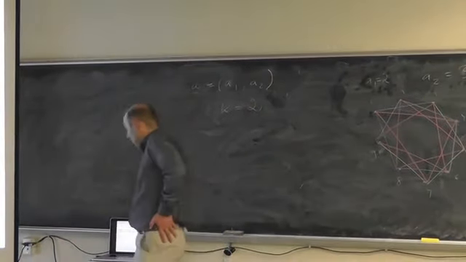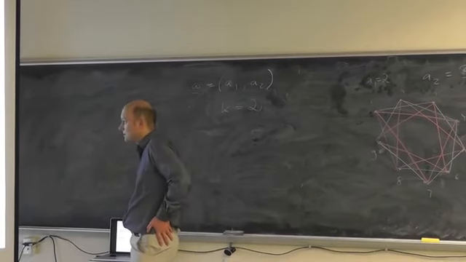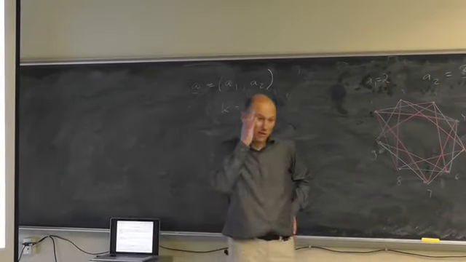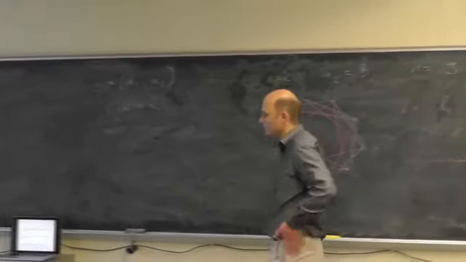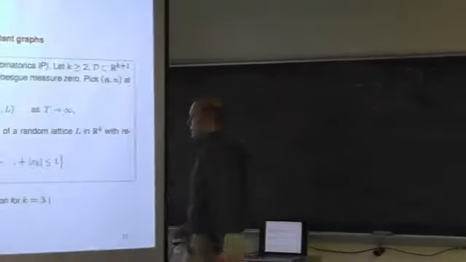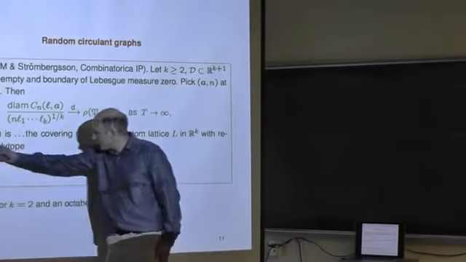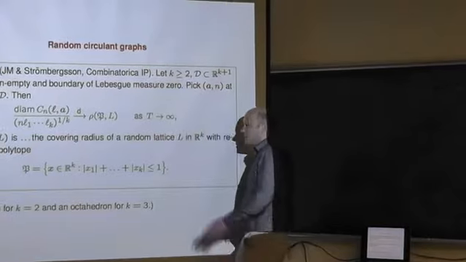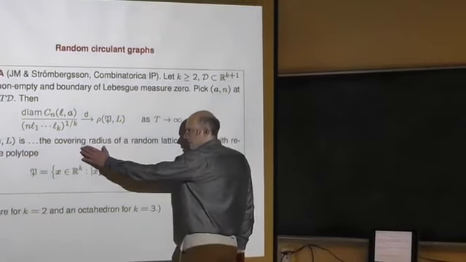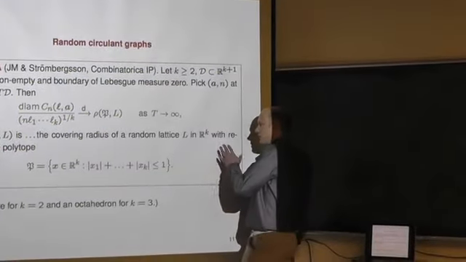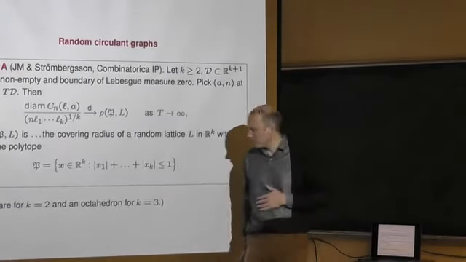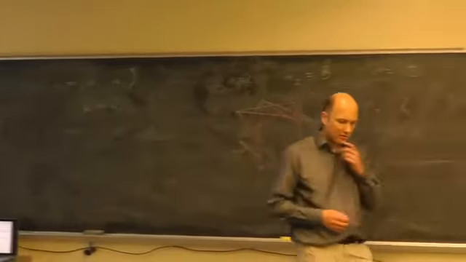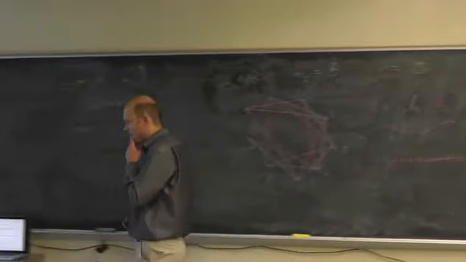So let me show you what the answer is. And there you go, right? The random lattices appear again, for some reason that I'm going to show you. So this random variable here is the following. It is the covering radius of a random lattice L in R^k with respect to this polytope. The covering radius is a very important notion in the geometry of numbers, and how is it defined?